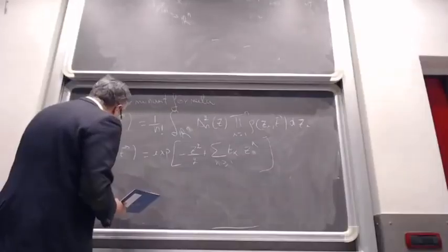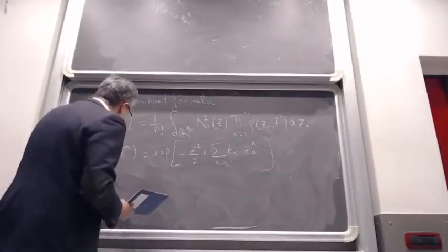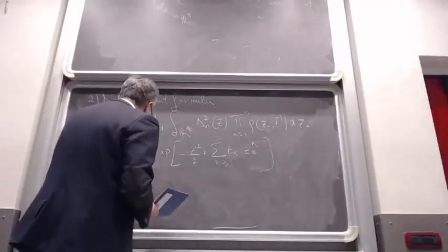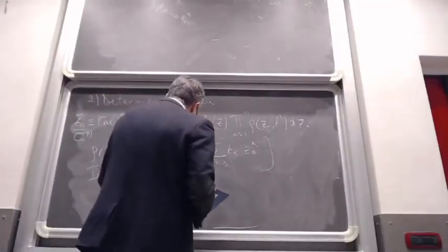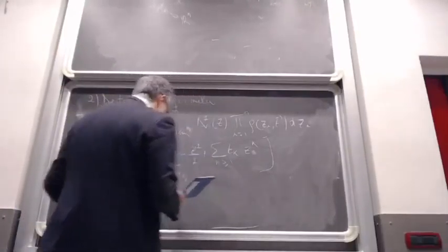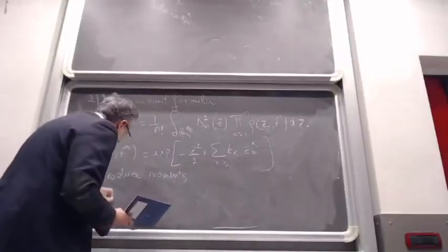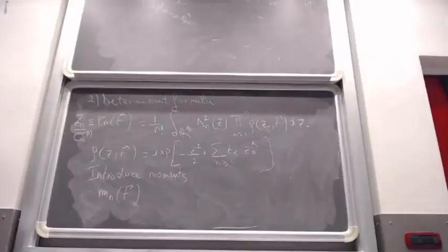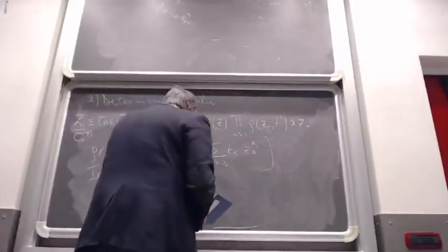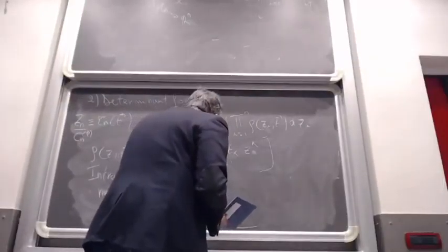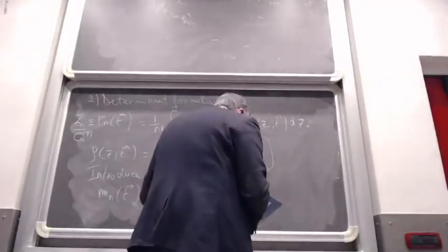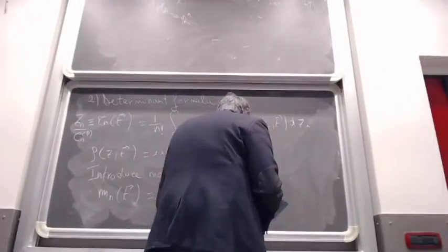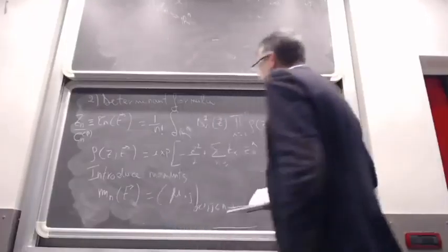So what I can do, given this function rho, is introduce the moments. So Mn is a matrix of size n, where the entries, I call them mu ij, where i and j run from 0 to n minus 1.